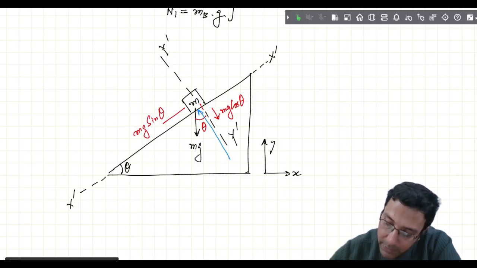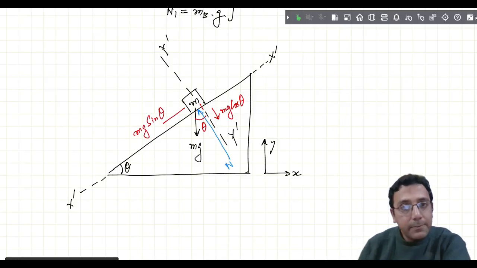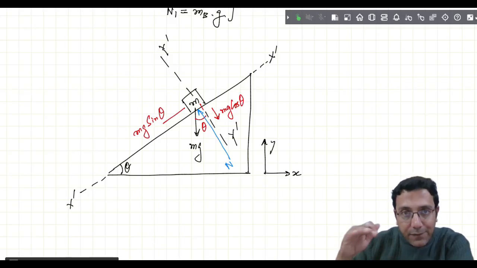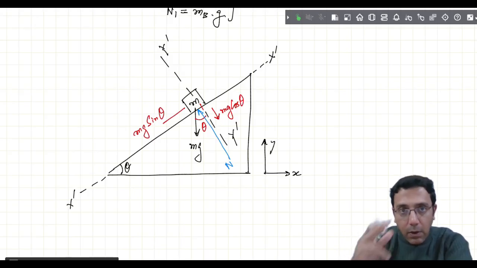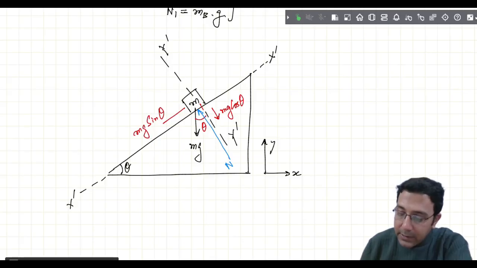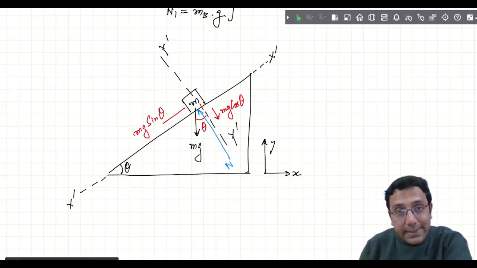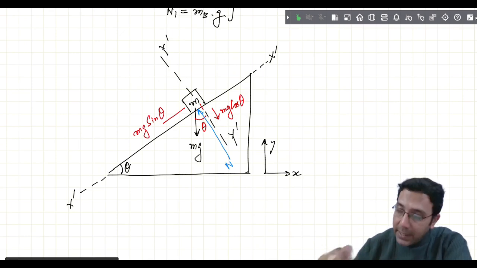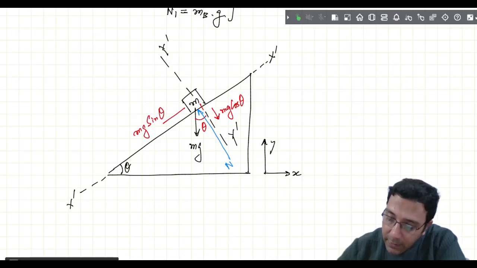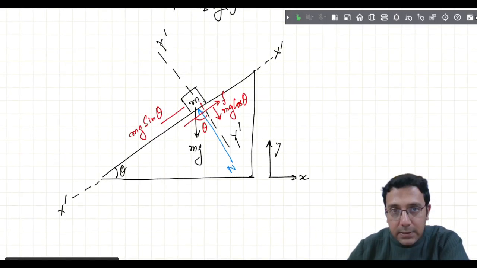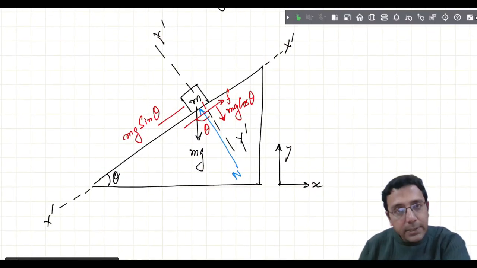Let's say this is N. It is the reaction the inclined surface exerts on the mass. Now if the body is slipping down the incline, there will be a friction force acting upward. So I should write a friction force F. I'll just enlarge the sketch a little bit. So this is the friction force F.